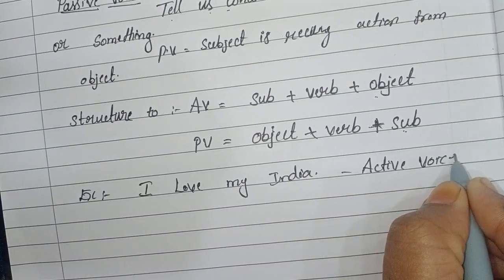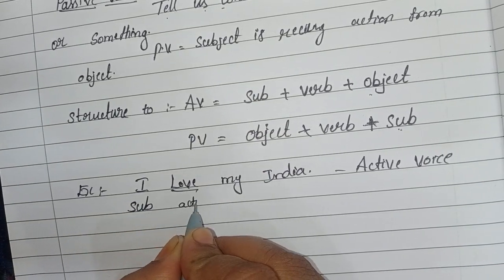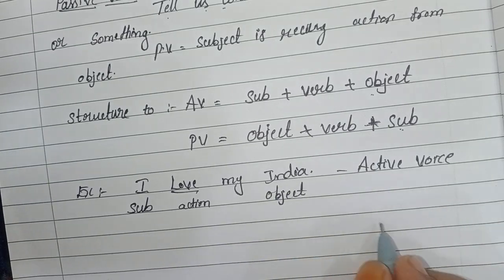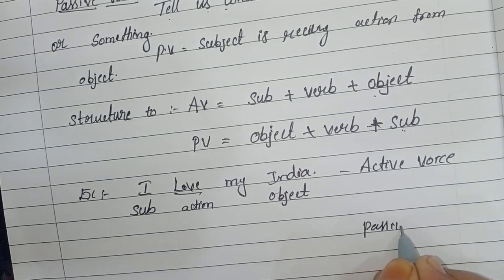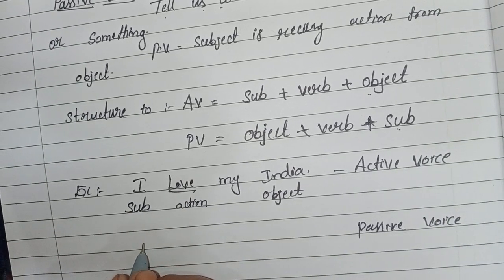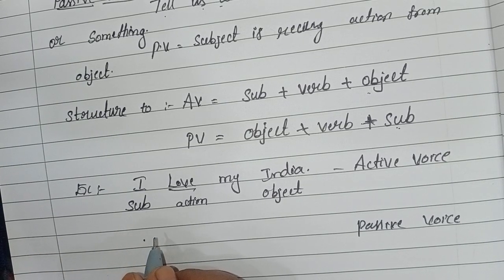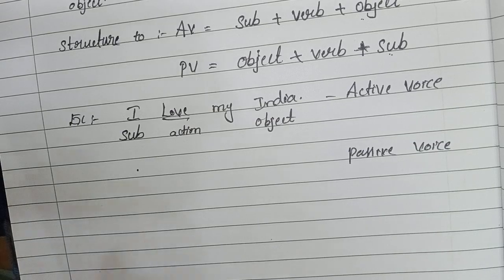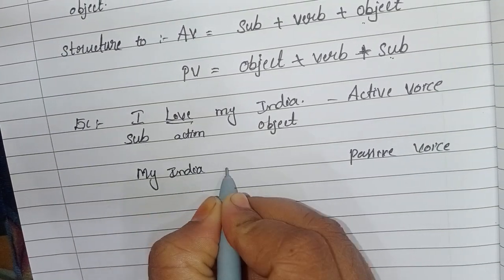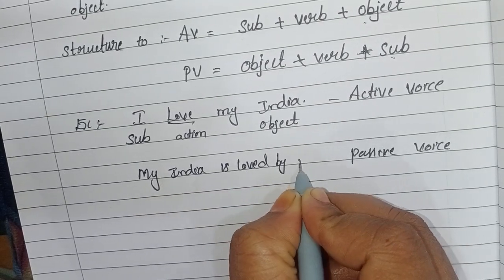When we change it, I is the subject, love is the action or verb, India is the object. When we change it into the passive voice, the sentence changes as: my India is loved by me.